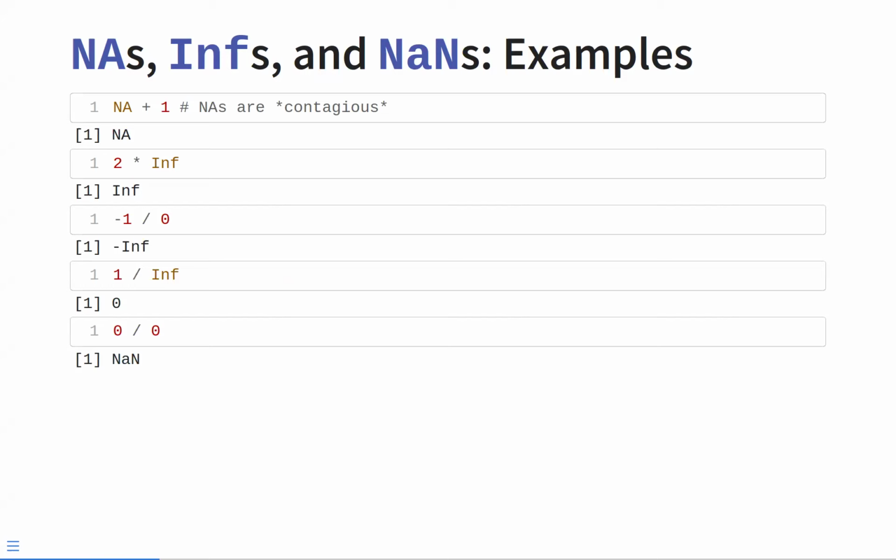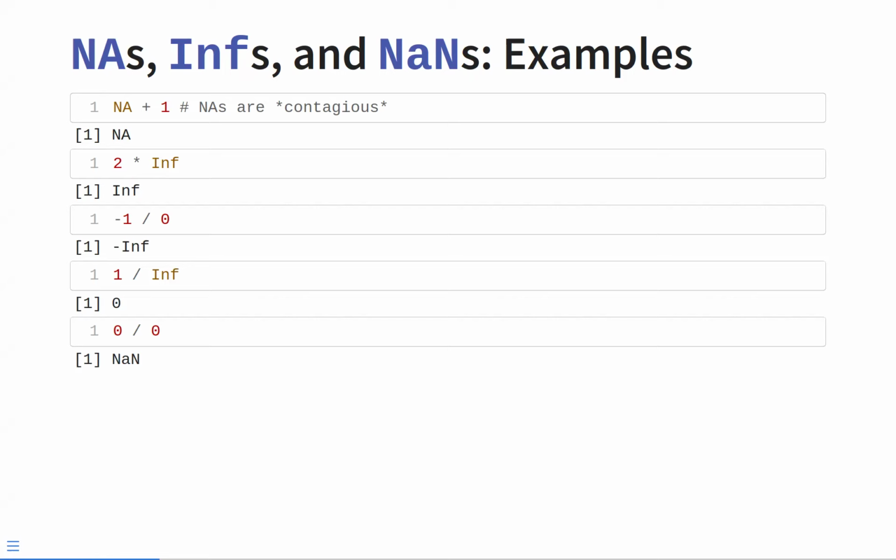What's the only possible result? Well, it's NA. Because if you don't know what the first number is and you add 1 to it, then you definitely don't know what the answer is. 2 times Inf, on the other hand, is Inf. And that's because any finite constant times infinity is definitely infinity.